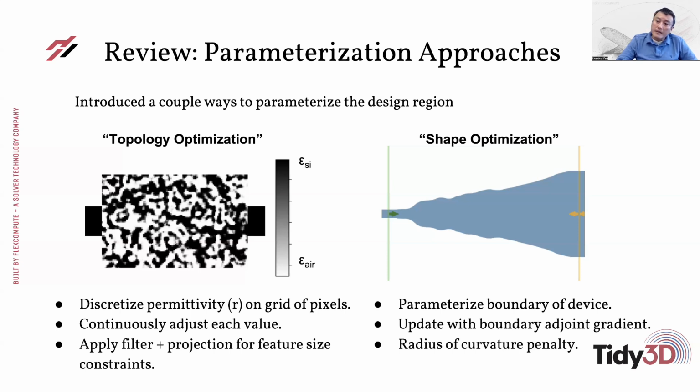And in fact, in some sense, you can think of it as a sort of intermediate between the topology optimization and the shape optimization. It tends to produce structures that are more regular compared with the topology optimization, but on the other hand, has a richer set of features as compared to the shape optimization.